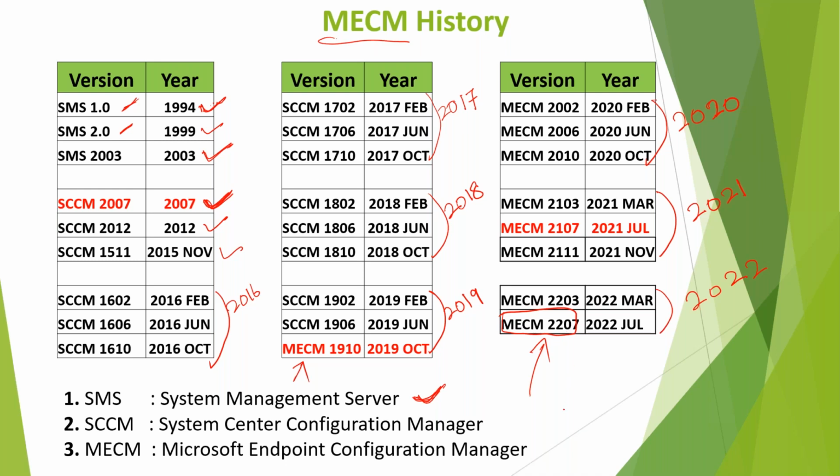So if you calculate the number of years from 1994 till 2022, it is more than 25 years, almost like 28 years now.